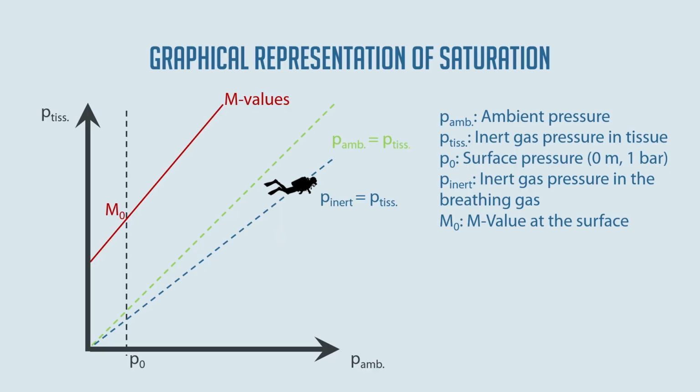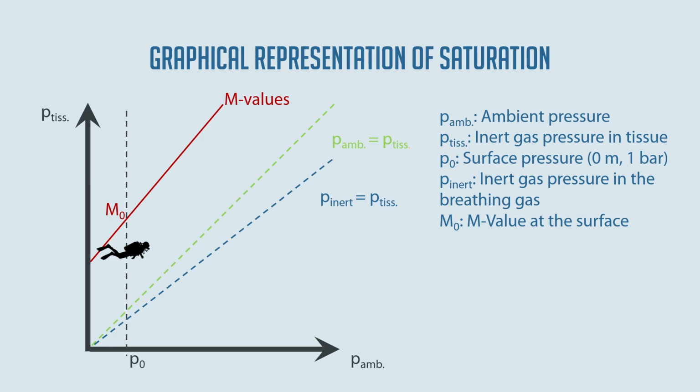That is, the ambient pressure drops and the tissues desaturate, not immediately but with a delay, meaning we approach the M value line. The goal is always to dive below the M values to avoid DCS as safely as possible, and when we reach the surface, we should not be above the M0 value.